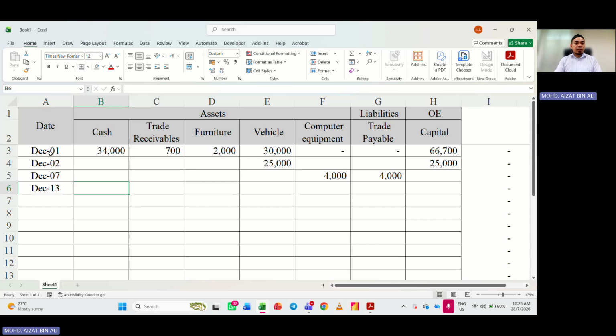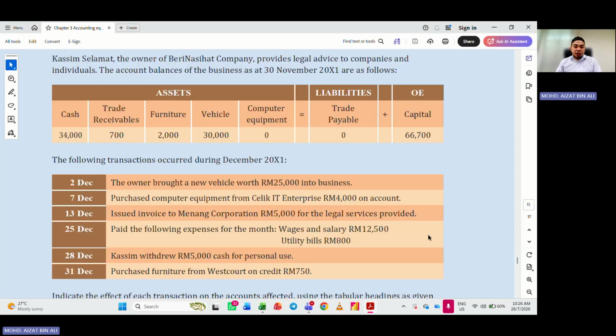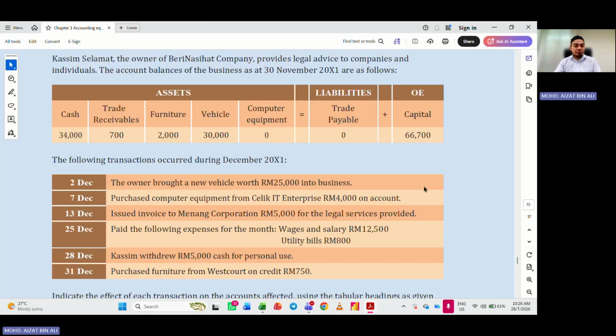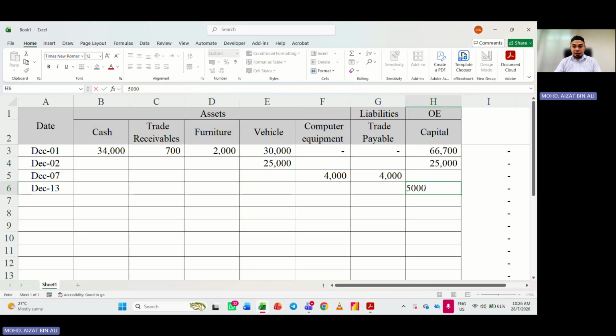Okay, as we said earlier, this goes into owner's equity, 5,000 ringgit for the service revenue. Since we haven't received the payment yet, this will also go into trade receivables for the debit. If we had received the payment, it would go into the cash account.